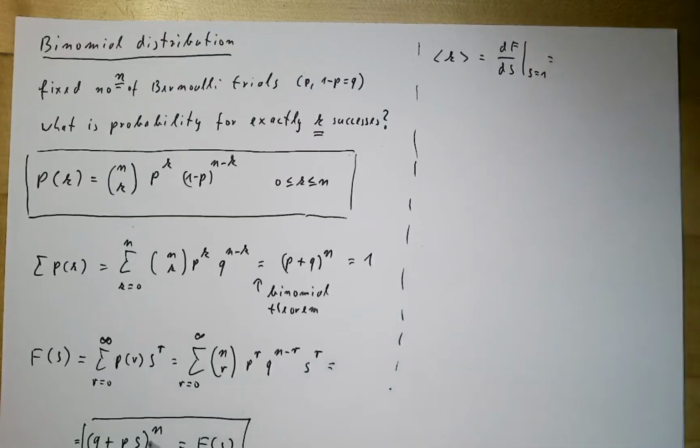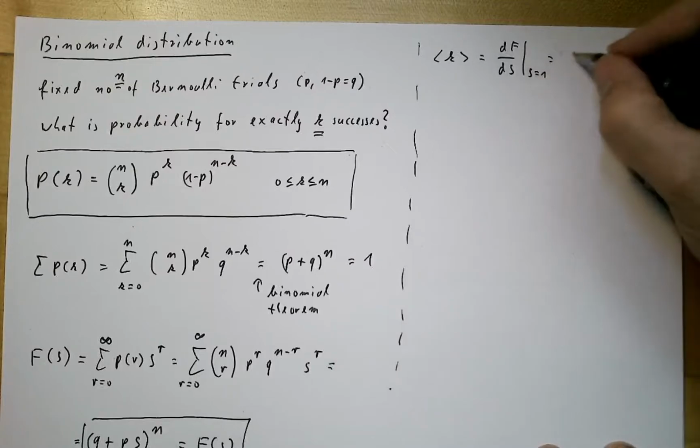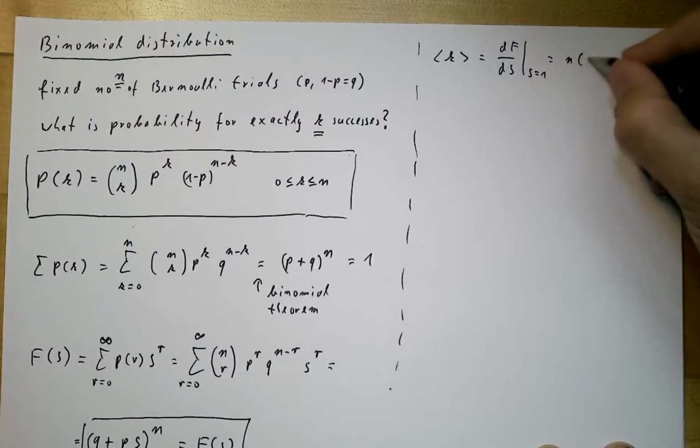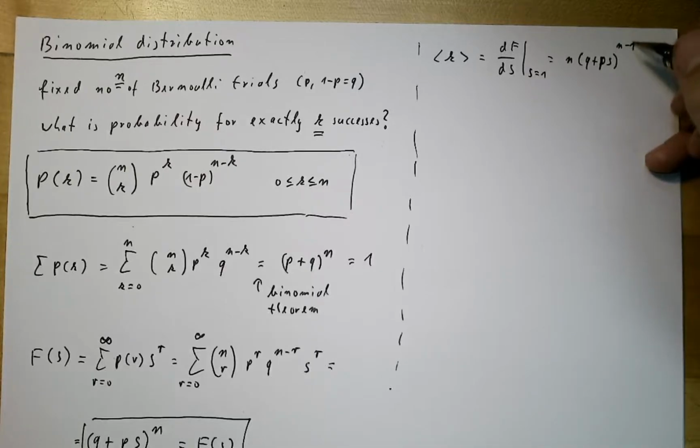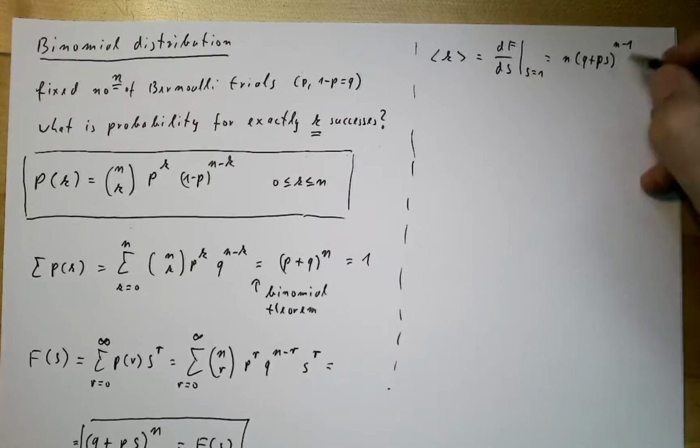The derivative of this function is n times (q plus ps) to the power n minus 1, times p.